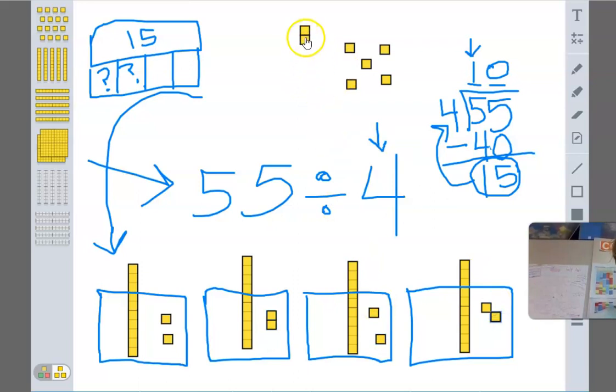Ooh, I even have more left. Is each person going to get 3? Let's see. Whoops, let's see. 3, 3, and 3. Awesome. Am I able to pass these out? No, I don't have enough. I need 4 of them and I only have 3.